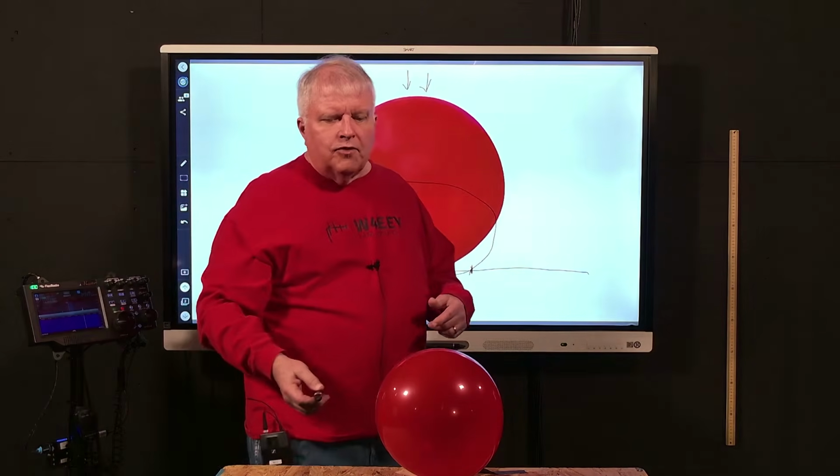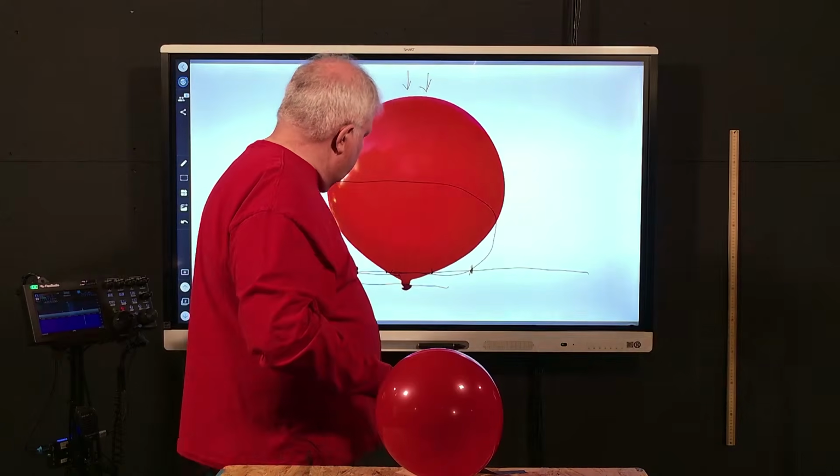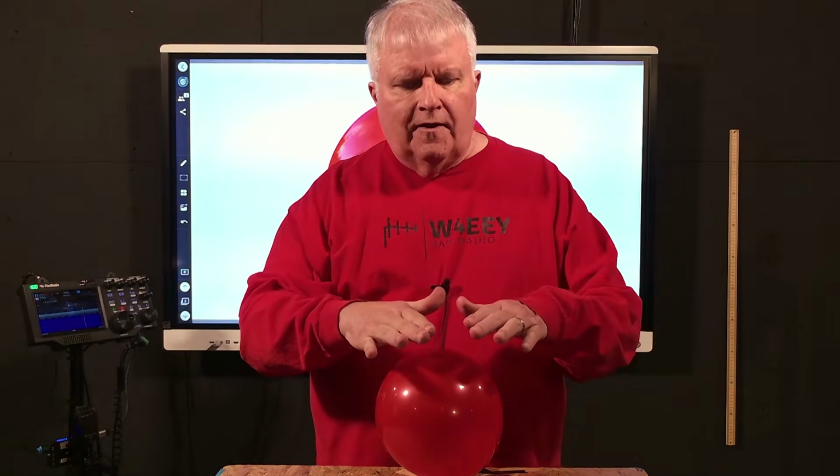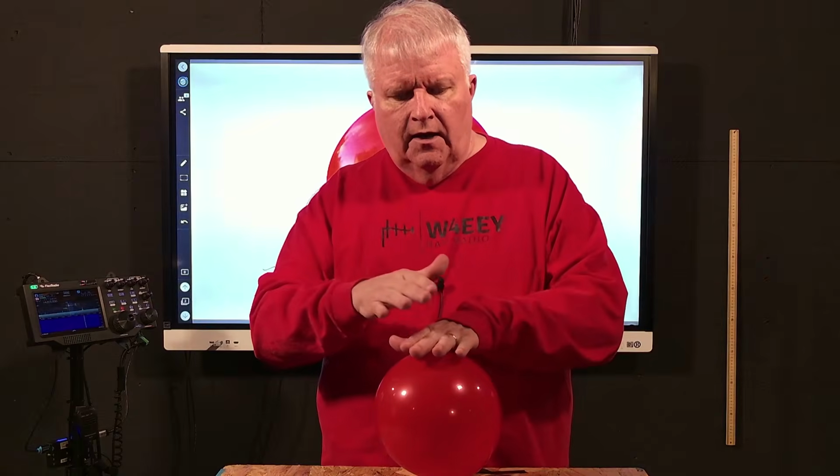Come over to our little balloon over here. Same thing here with the little balloon. You can maybe see it another way. If I press down on it, see how it gets wider out there? Let's say this is 1 cubic feet of air in here. I don't know what it is, but that's about it. If I push it down, there's still 1 cubic feet of air there, but it's going in different directions.